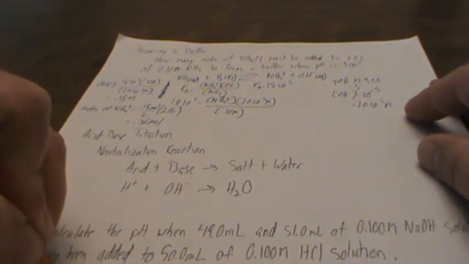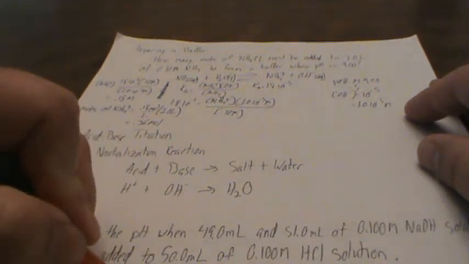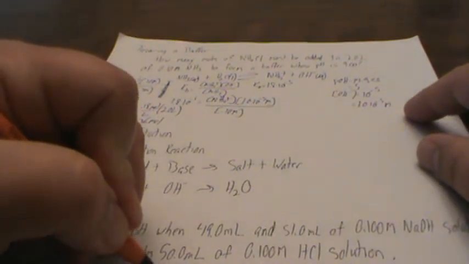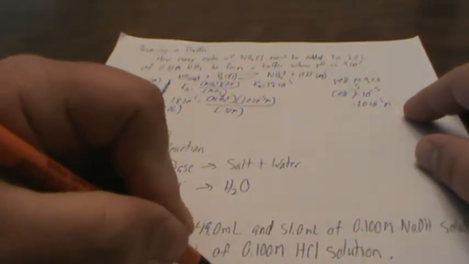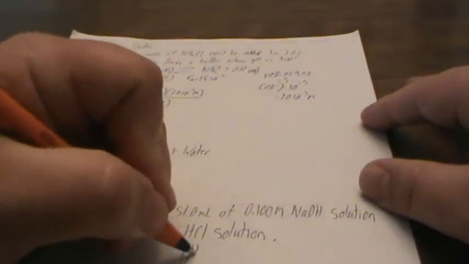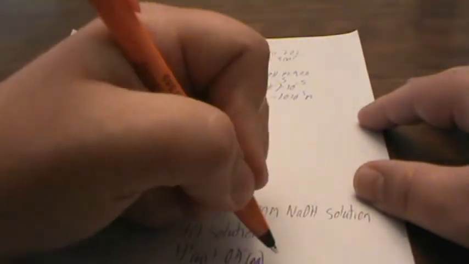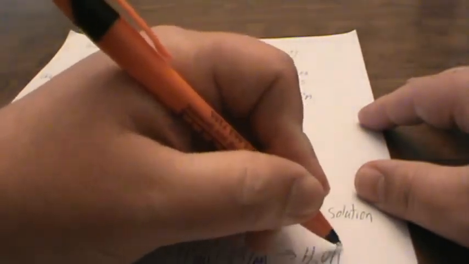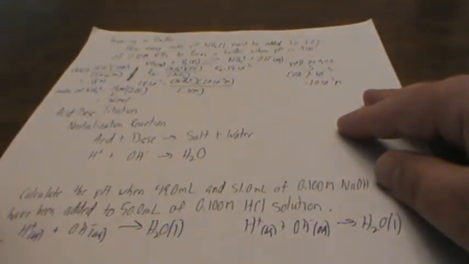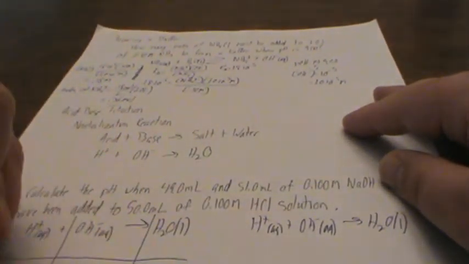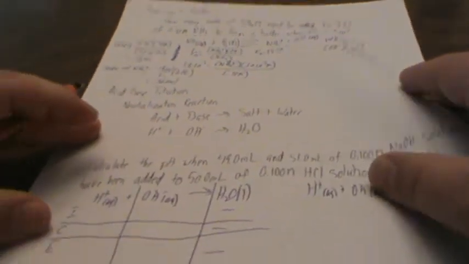Now we have two different volumes, so we're going to set up two ICE tables. Okay, now since water is a liquid, we're going to negate it out, and we're going to look at the 49 milliliters first.